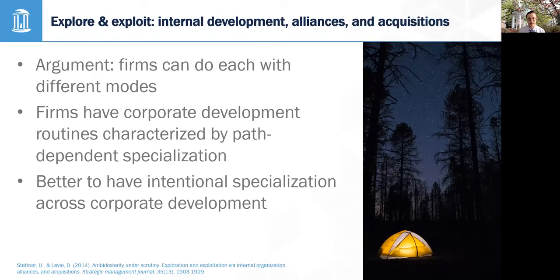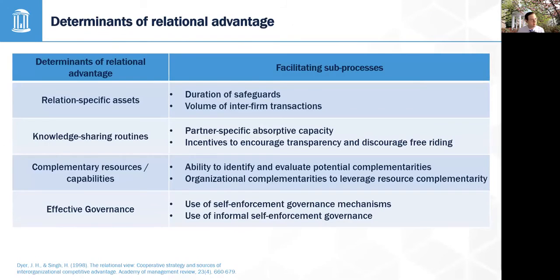So if you do a lot of exploitation using internal development, you will get better and better at exploiting current opportunities with that internal development, but you'll be less capable of exploring with that same mode. So these authors argue that you should have some balance across modes. So perhaps using internal development for exploitation and acquisitions for exploration. That was the argument of this paper.